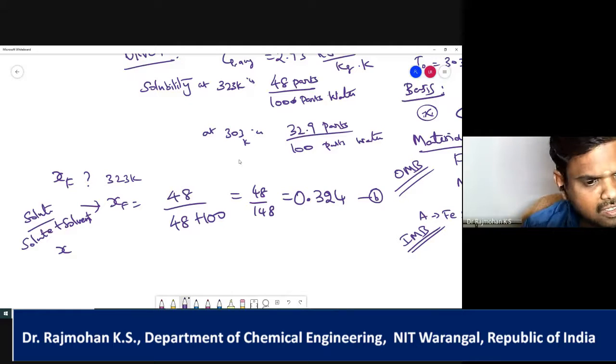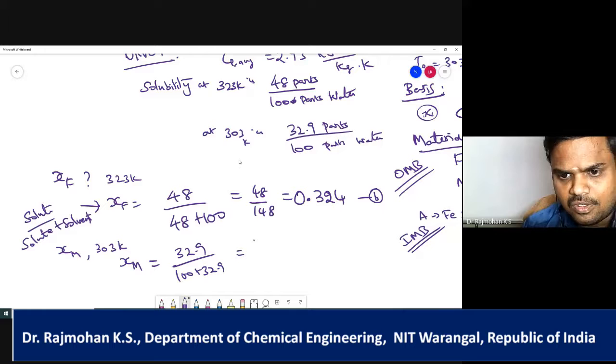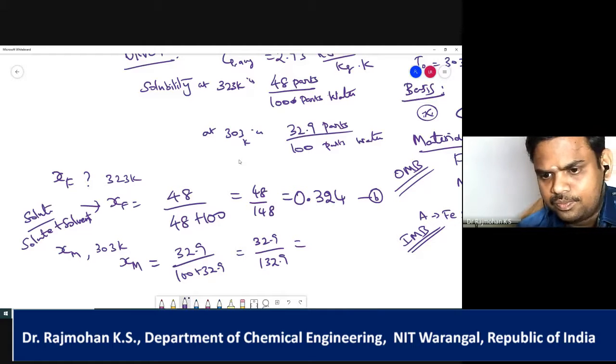Similarly, your mother liquor is leaving at a temperature of 303 Kelvin. So XM is equal to, similarly, 32.9 divided by 100 plus 32.9, which is 32.9 by 132.9, equal to 0.242.